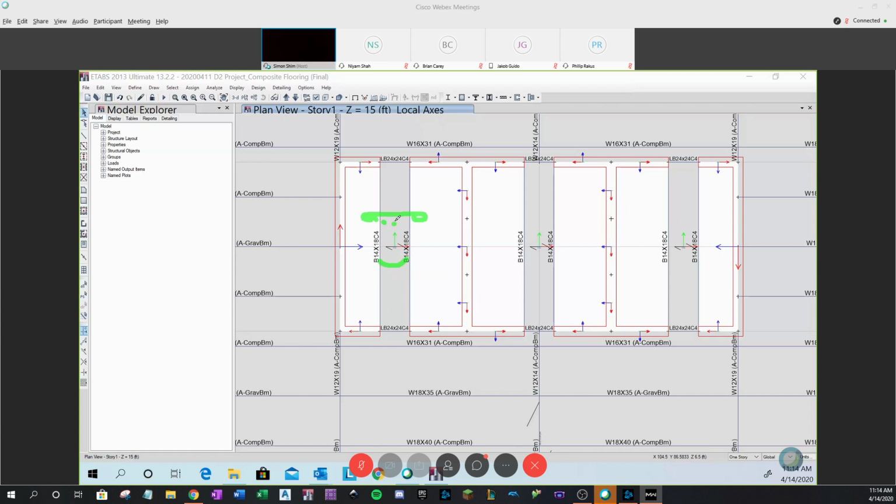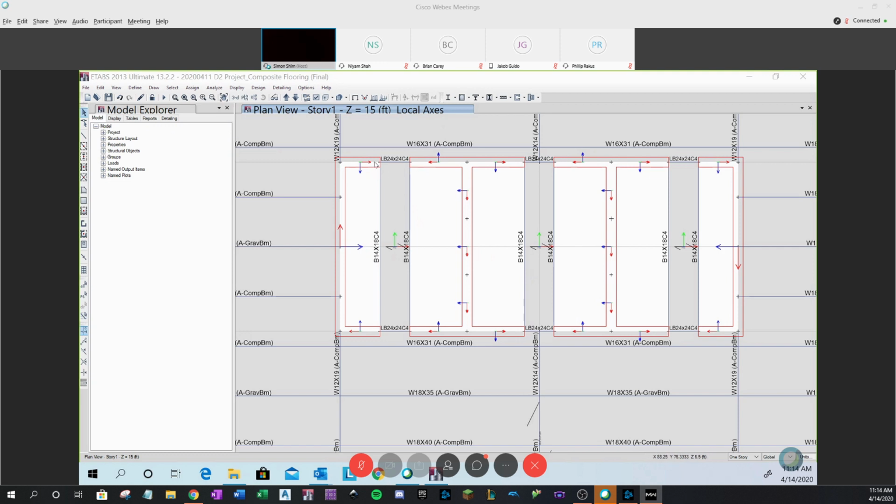Instead of the long direction. So maybe I can explain a little more clearly, but that's the phenomenon: the load usually flows in the short direction.